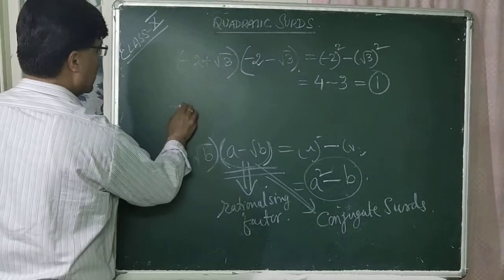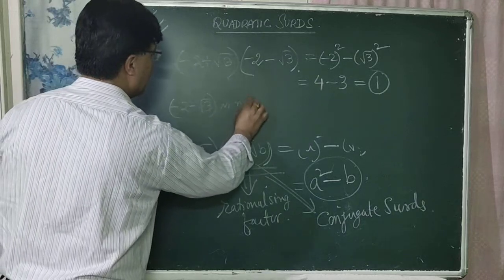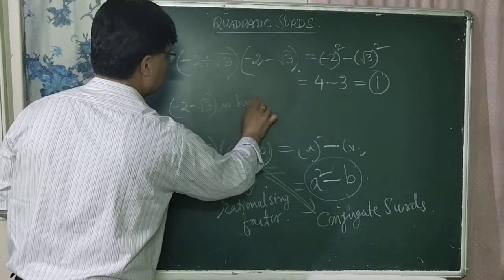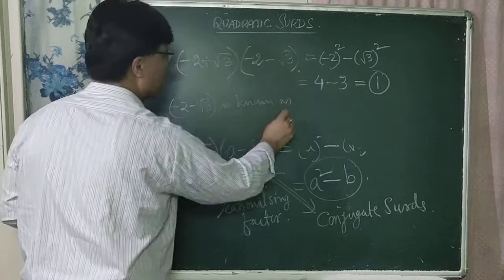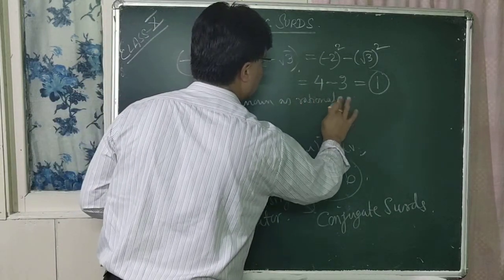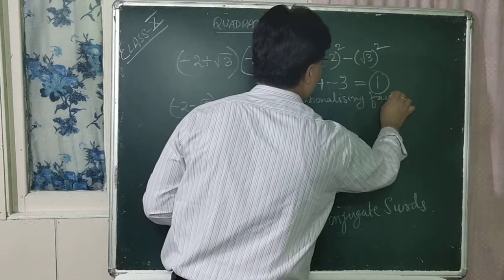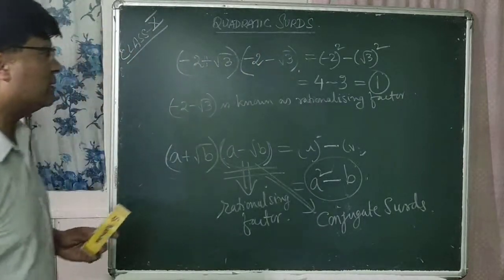Okay? So in this case, minus 2 minus root 3 is known as what? Rationalizing factor. Is that clear?